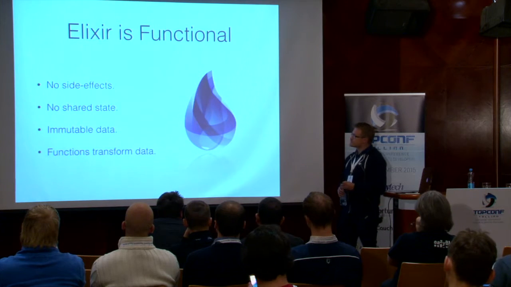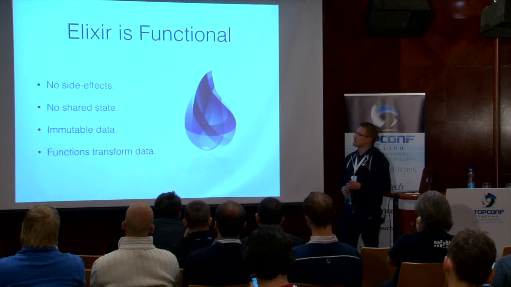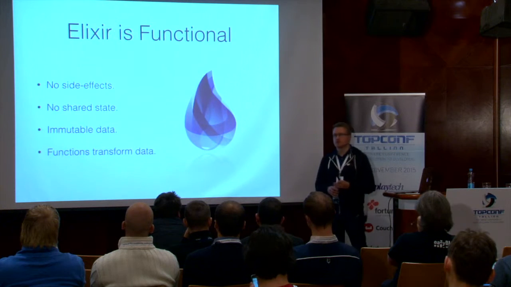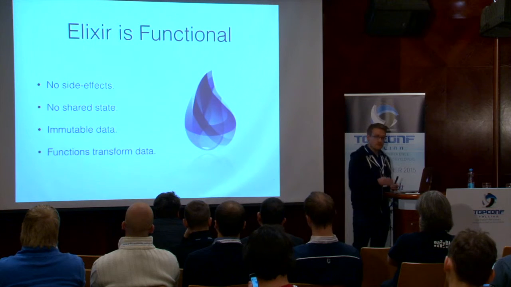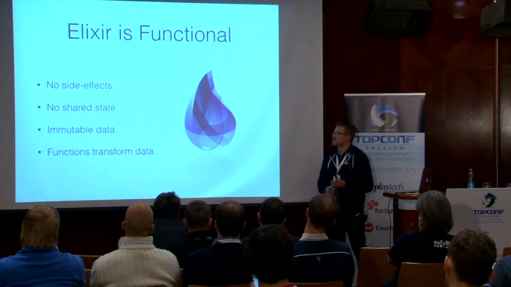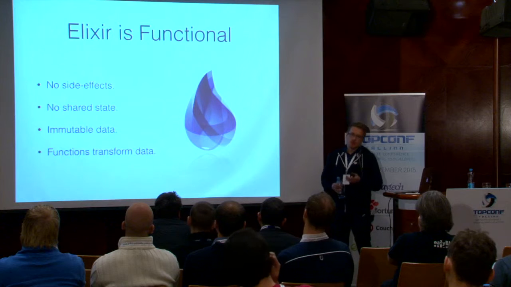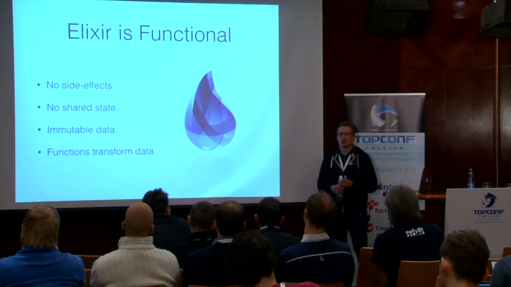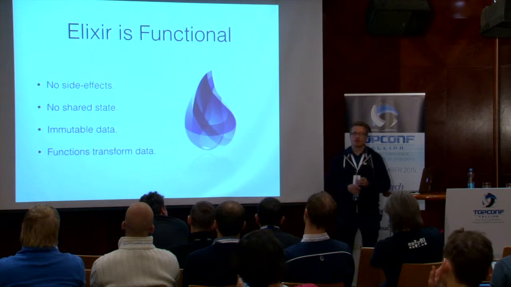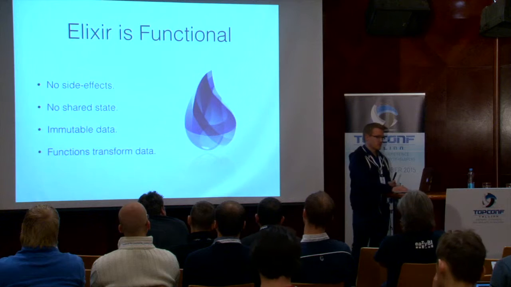So very different paradigm compared to object-oriented programming. And like I said, I've been programming servers, pretty much 100%. So I think functional programming really applies well to server-side programming.